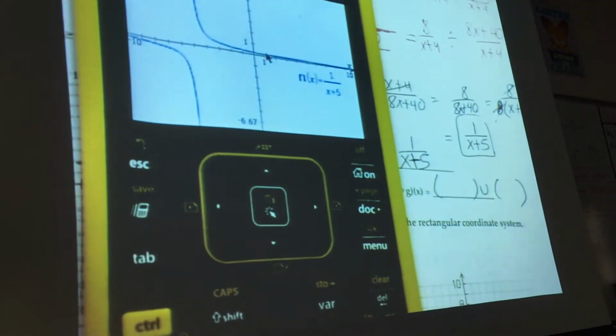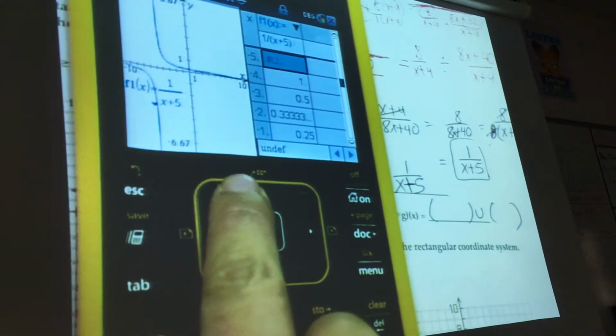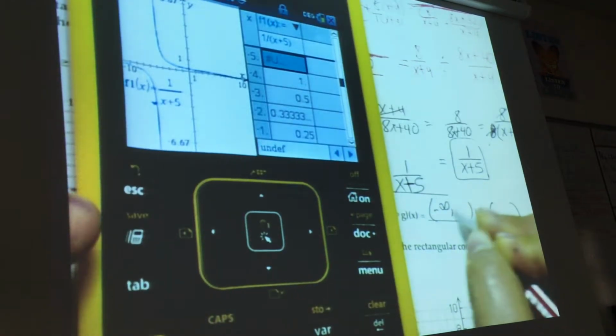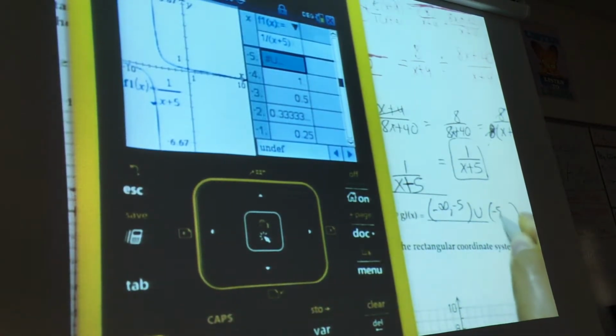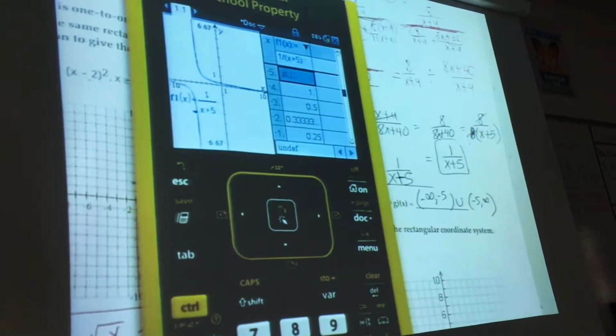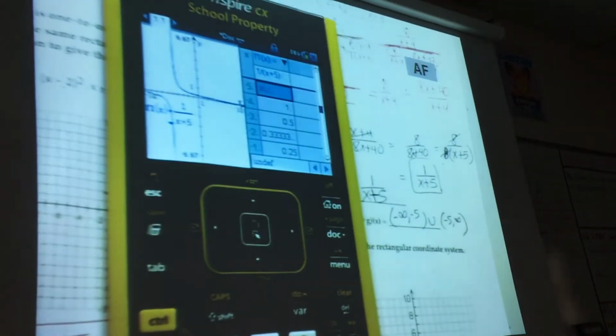So you go to your table and you're looking for that undefined, and my undefined is at negative 5. So it goes from negative infinity to negative 5, and negative 5 to positive infinity. You need to graph it, yes. So once you do that, that's what we get right there.